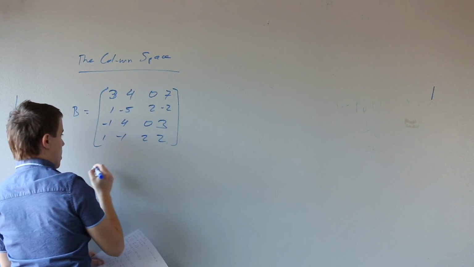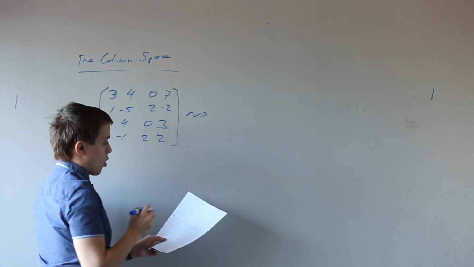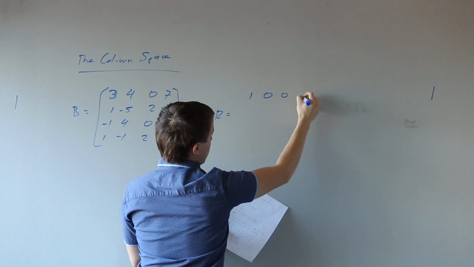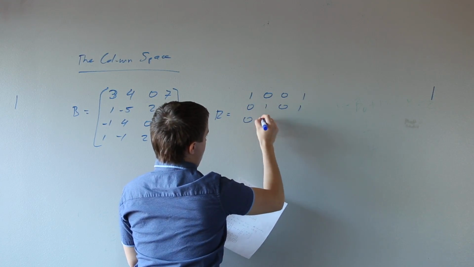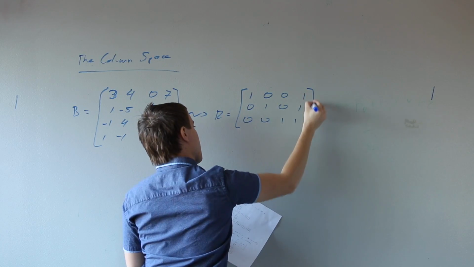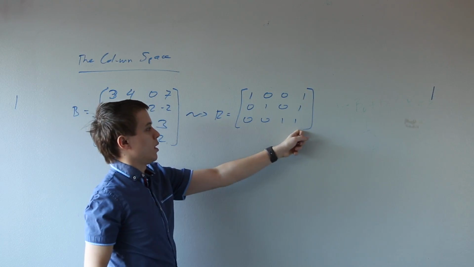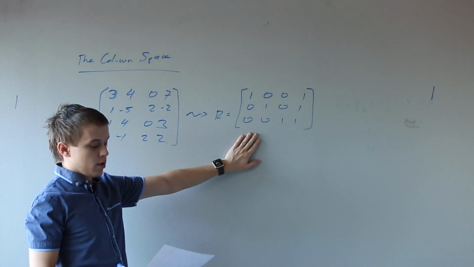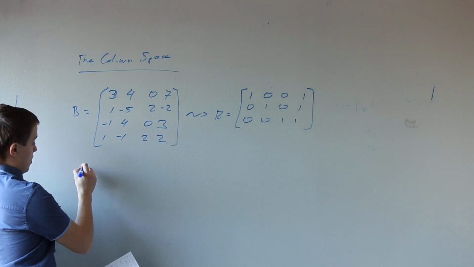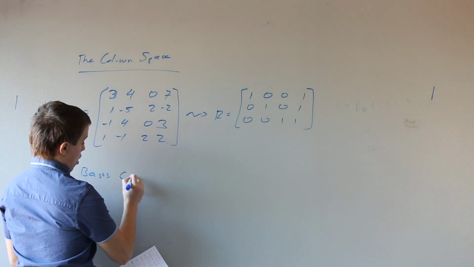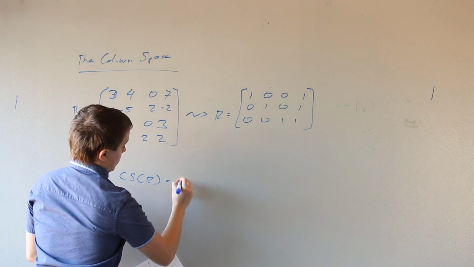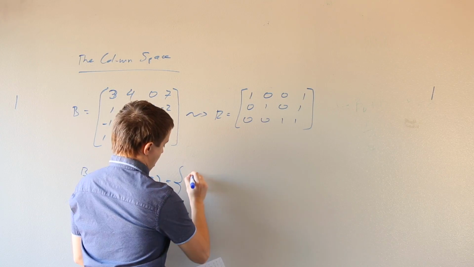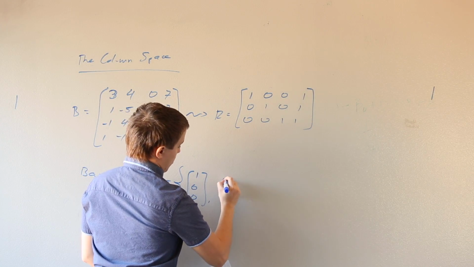Slightly bigger matrix, and doing some row operations, we get the corresponding reduced row echelon form matrix, and the last row becomes a row of zeros, so it just drops out. So this is our reduced row echelon form matrix. We know that the basis for the column space of R is the three columns with pivots.